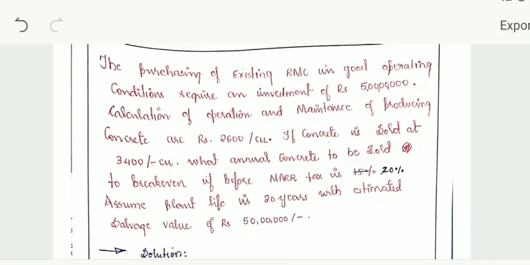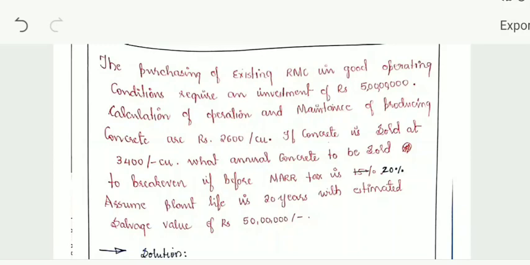The purchasing of an existing RMC in good operating condition requires an investment of rupees 5 crore. Operation and maintenance costs of producing concrete are rupees 2,600 per cubic meter.